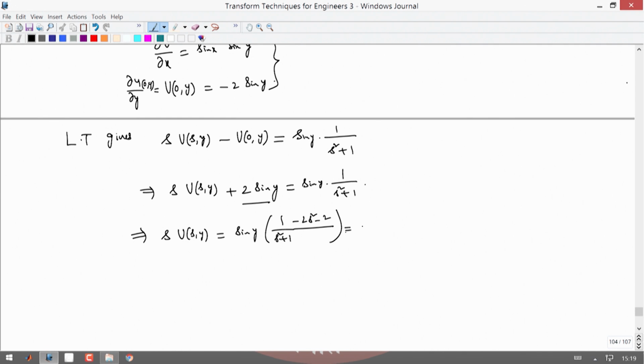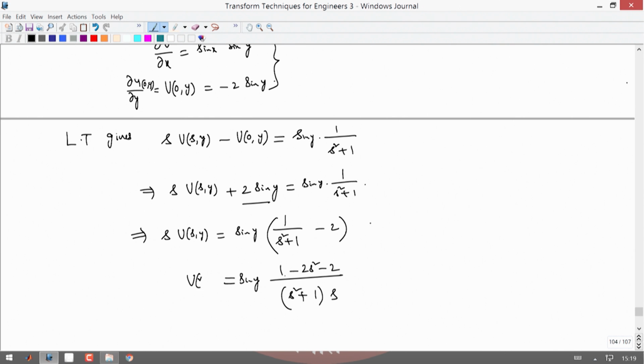So, you have finally sin y times, let me do it carefully. So, you have 1 by s square plus 1 minus 2. So, this is sin y times (1 minus 2 s square minus 2), and you have division with s.